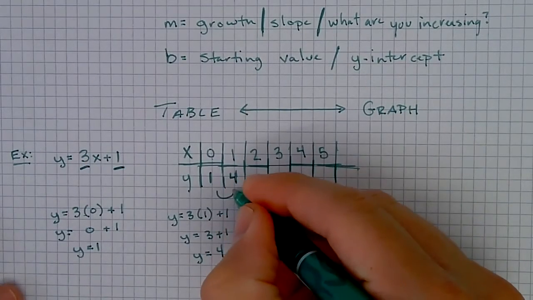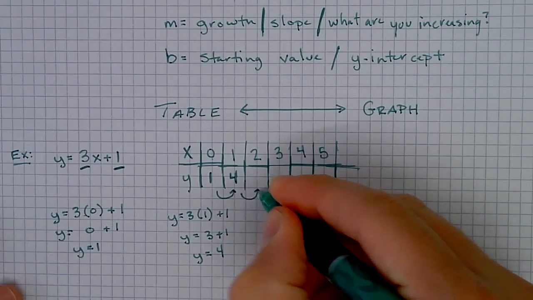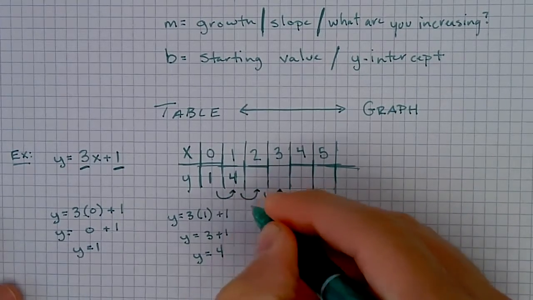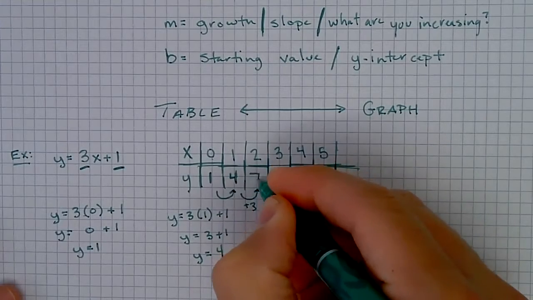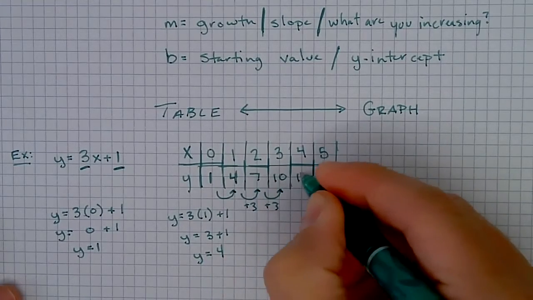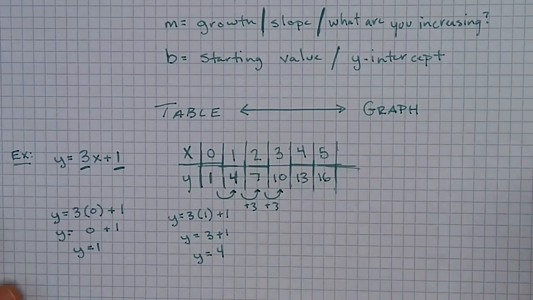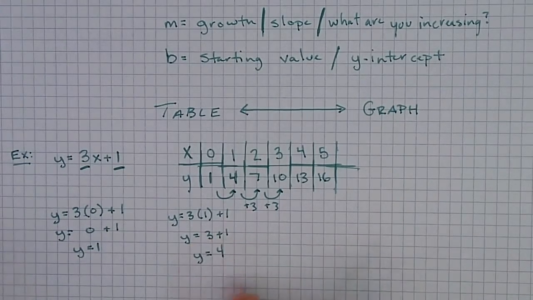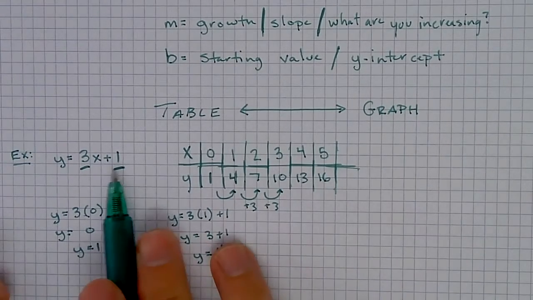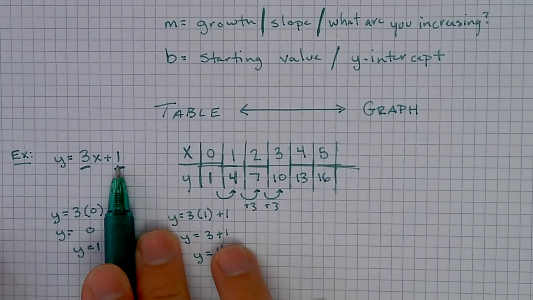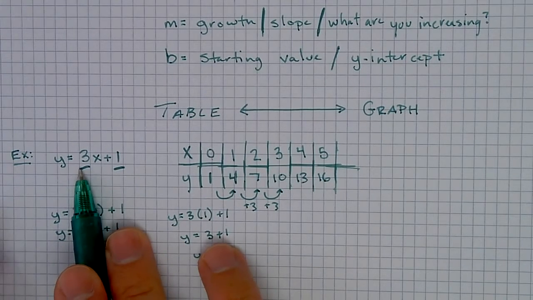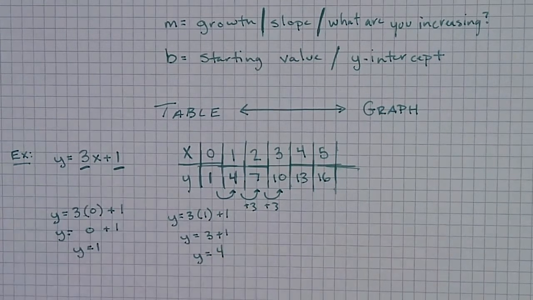So I know that as I go from one number to the next, I'm going to be adding 3. So now I can just go 1, 4, 7, 10, 13, 16, so on and so forth, as opposed to plugging it into an equation each time. If I can just recognize what my starting value is when x is 0 and understand what my growth is each time, in this case, 3.